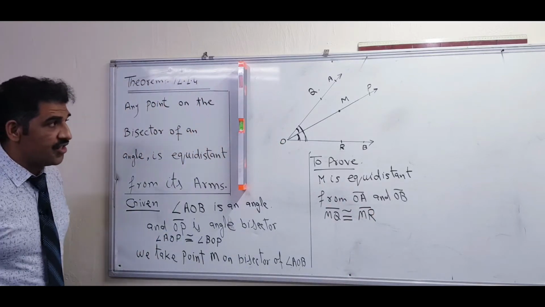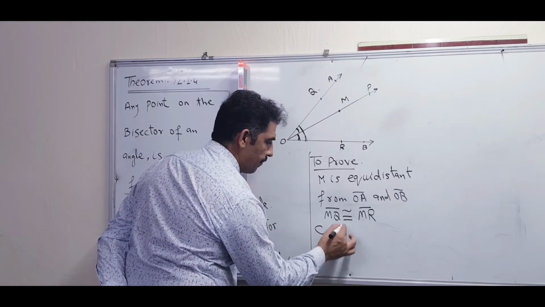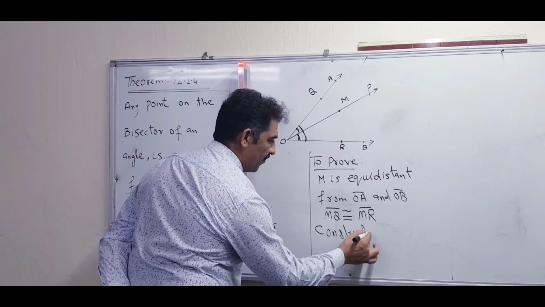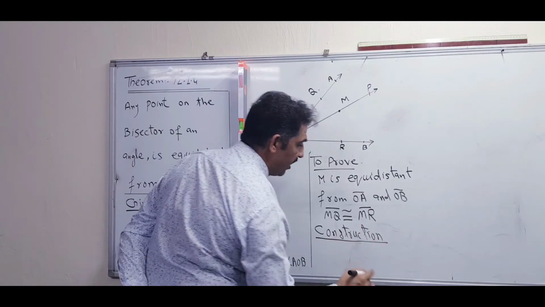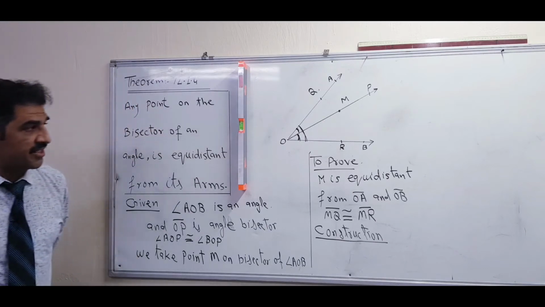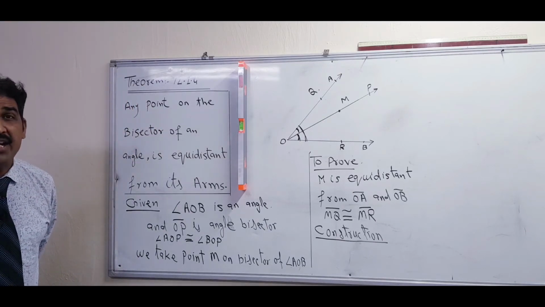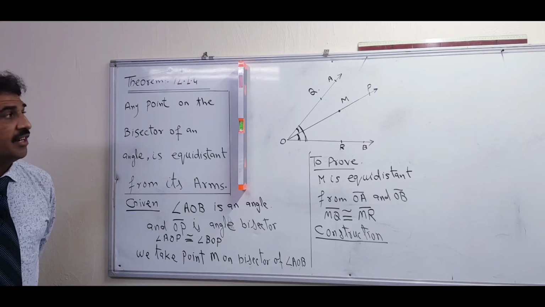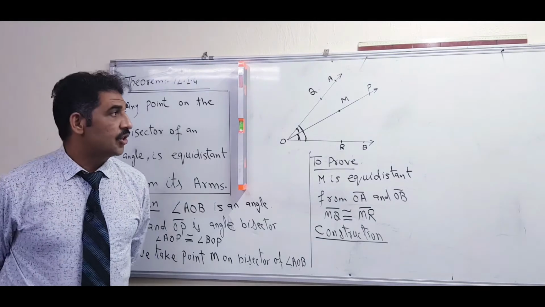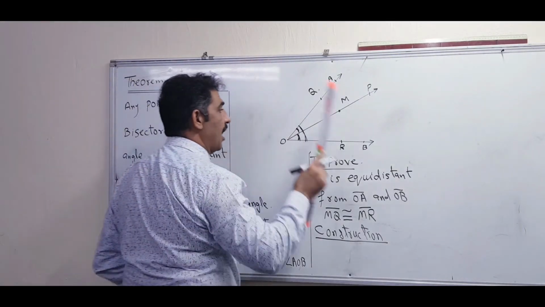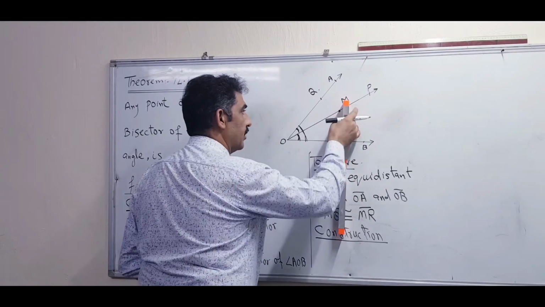So construction. What we will do in construction here, as I said before, is that construction changes in every theorem. So we draw the perpendicular, because whenever we take the distance, we have to take the perpendicular distance. So we draw perpendicular MR on OB, this one.